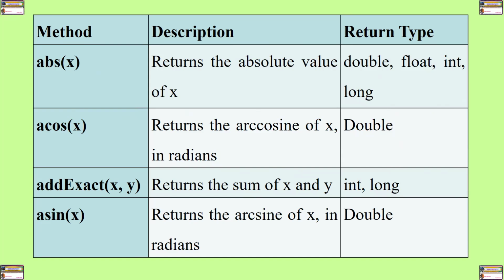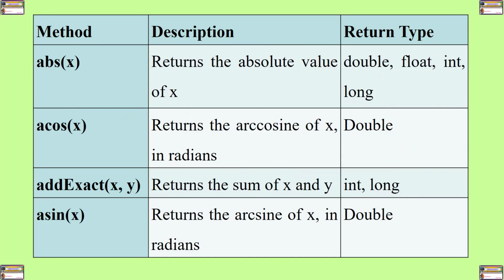We have acos. Acos returns the cosine of a variable in radians. So if you pass to it, for example, value x, it will generate or return a value of type double. Another method is addExact. And addExact, my dear students, note, you write it exactly as I have written. Where there is uppercase, ensure you have uppercase. For example, E for Exact is uppercase.